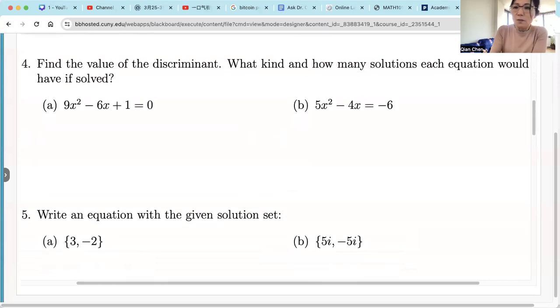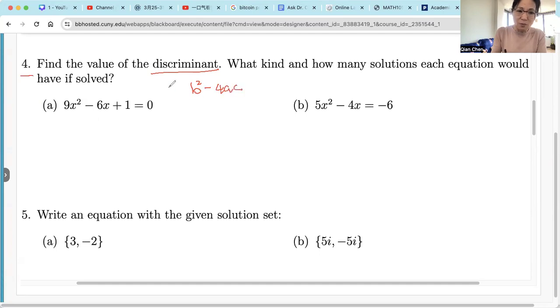Now let's see number 4. So let's read the question. To understand the question is very important. So we want to find the value of the discriminant. Okay, what is the discriminant? In the quadratic formula, we have negative b plus or minus the square root of b squared minus 4ac.